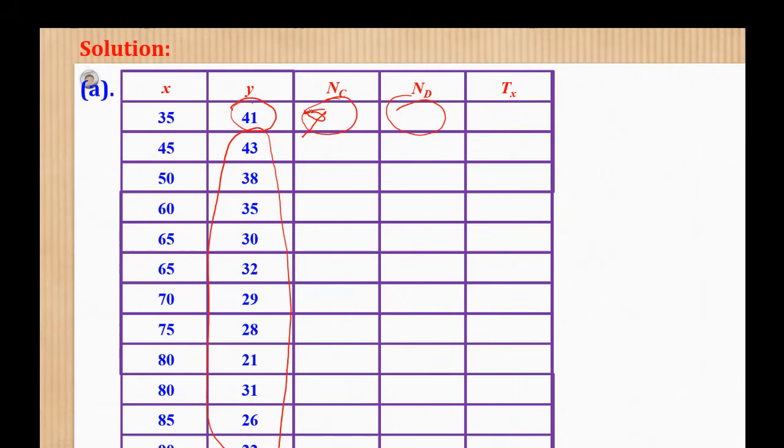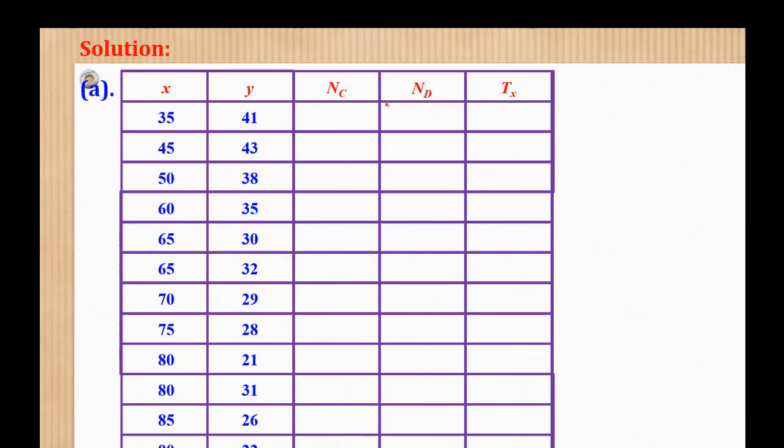So the word above, I think, disturbed you. Let me use the word bigger than. How many in this are greater than 41? That's what I put here. And how many are less than 41? That is what I'll put here, like that.